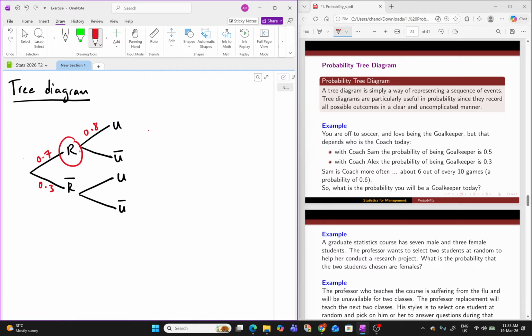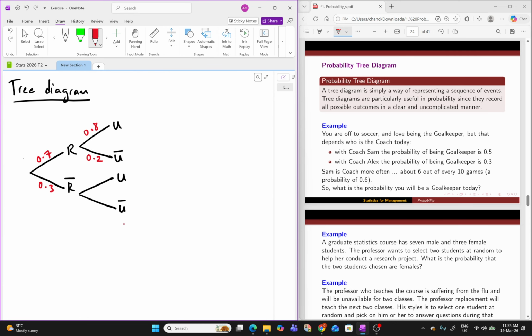If it is raining, the probability of you not bringing an umbrella, here 0.8 already, so here should be 0.2, because coming from the same node, if you add these it should be 1.